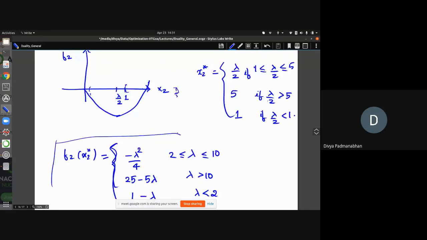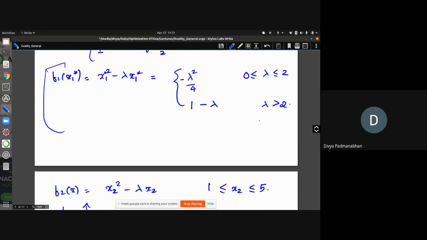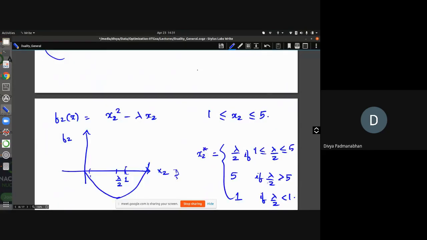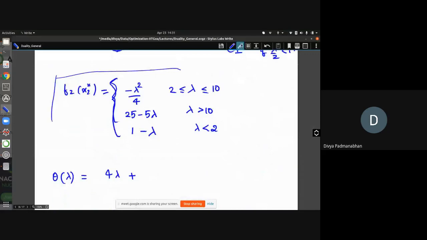Between 0 and 2, f1 is minus lambda square by 4. So now we are looking at 0 less than or equal to lambda less than 2. And what was f2? f2 is now this value, 1 minus lambda.